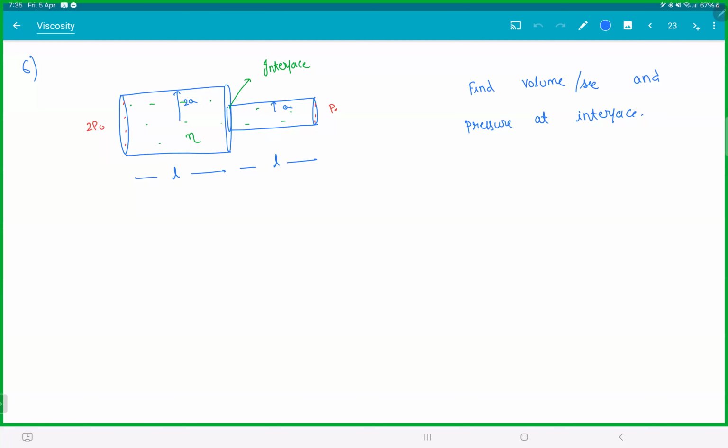Yeah, okay, 2 P naught. Okay, let's see. Convert them into resistors.